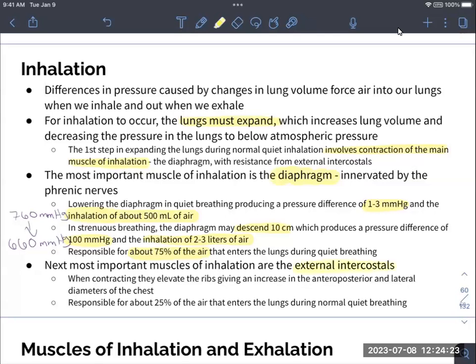External intercostals are the other muscles. When they contract, that rib cage rises up and out. And when that happens, it gives space for those lungs to expand laterally. It's only responsible for about 25% of the air that we breathe during quiet breathing.